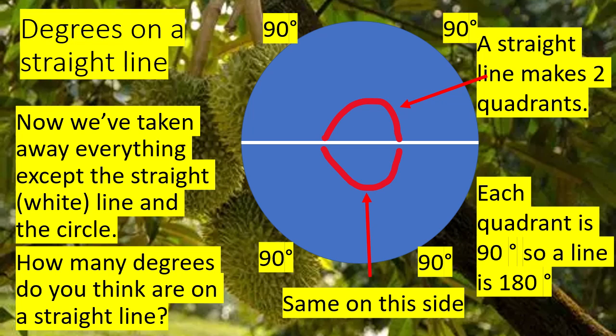So a line is 180 degrees. So above the line, where the top little hand-drawn red part of a circle is 180 degrees, and the one below is 180 degrees as well. So there are 2 sides, the top and the bottom, both are 180 degrees.